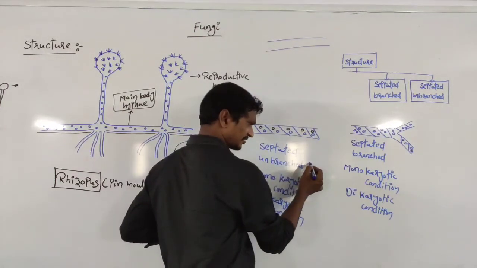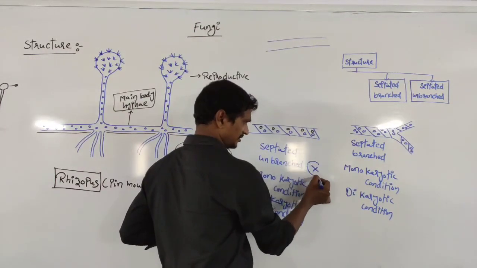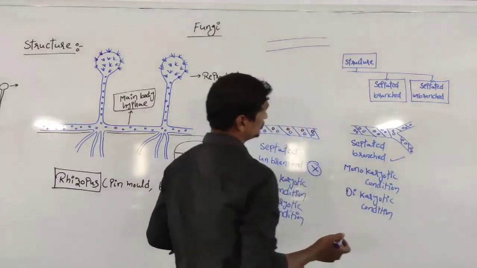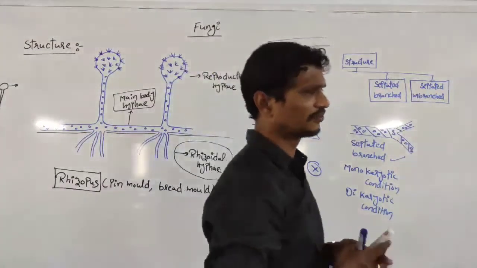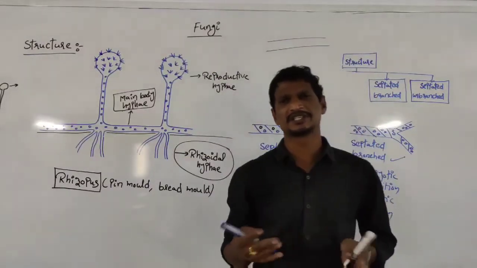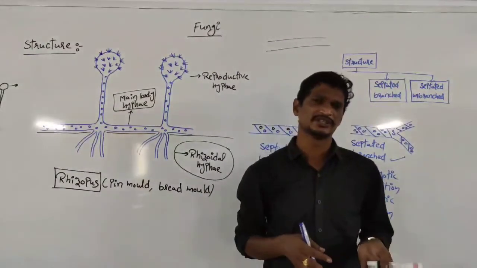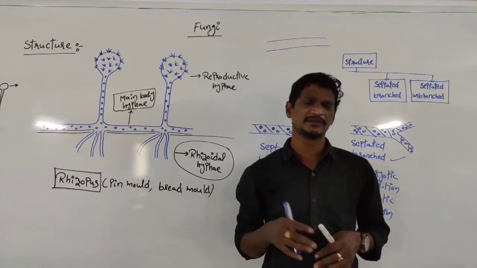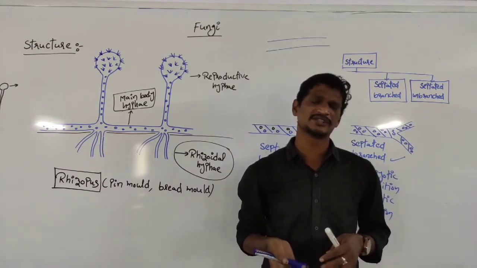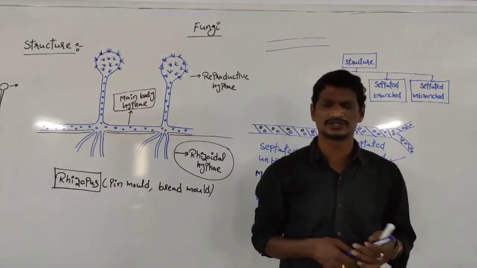Here branches are absent, here branches are present, right? So this is about the fungal structure. Totally four types are there, based on the septa and the branches.